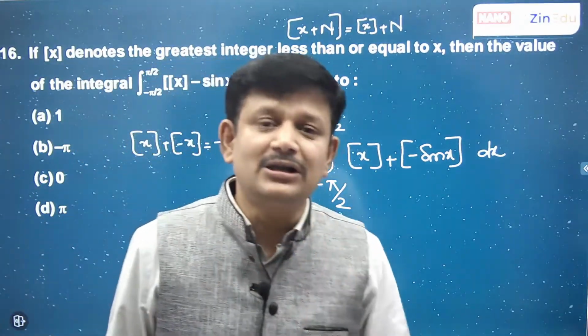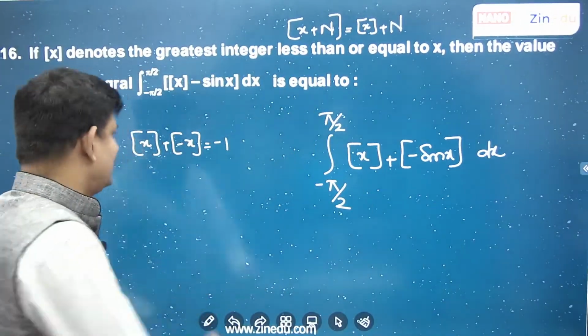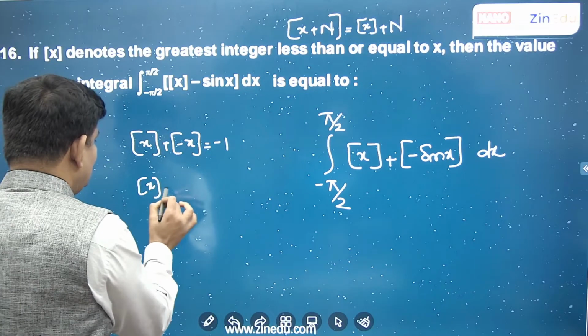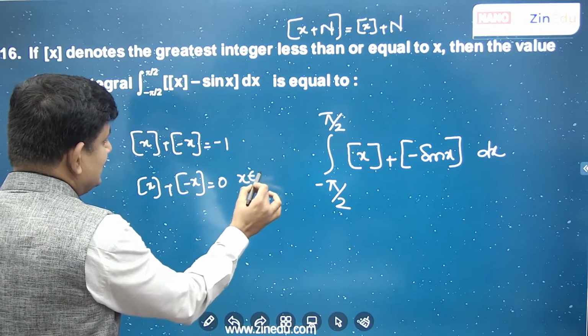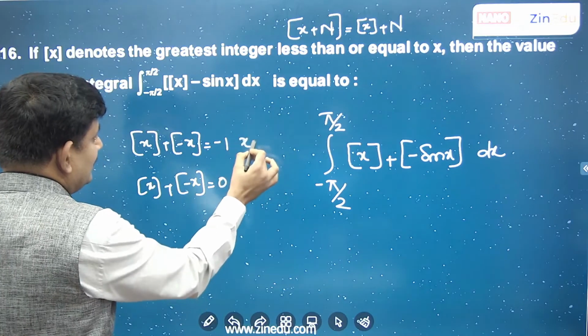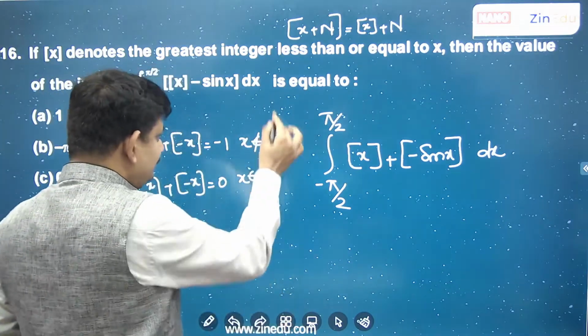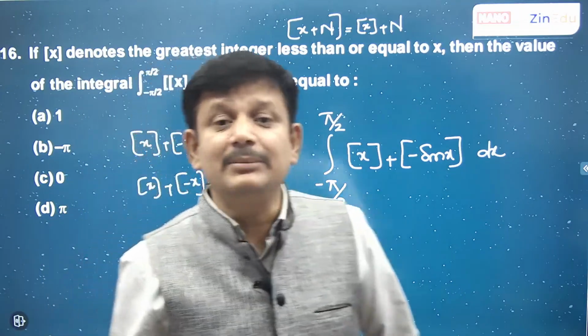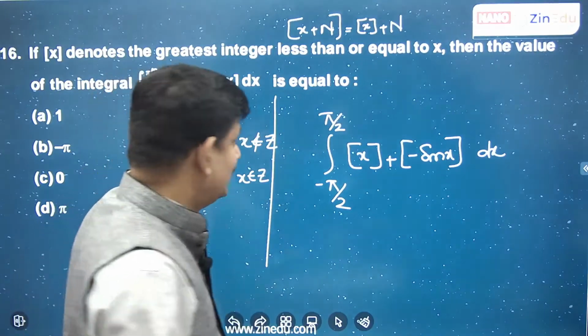They will not have any contribution to the final solution, so you can ignore the case where x is an integer. In that case, it will be 0. Integral part of minus x plus integral part of x will be 0 whenever x is an integer, and whenever x is not an integer, it will be minus 1. Though there are some numbers in between where it becomes an integer, they are only points. Points will not have any contribution to the final area, so you can ignore them.